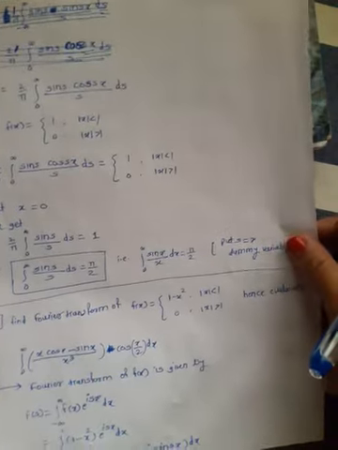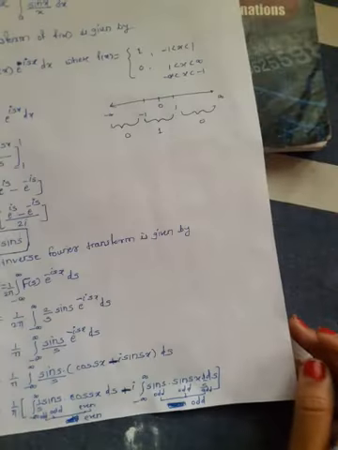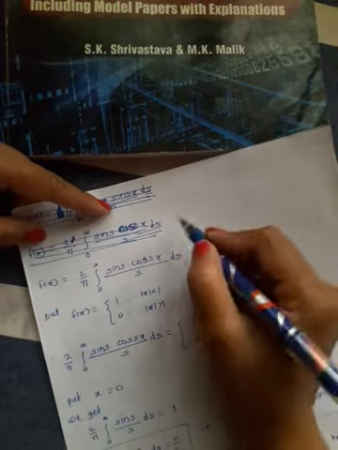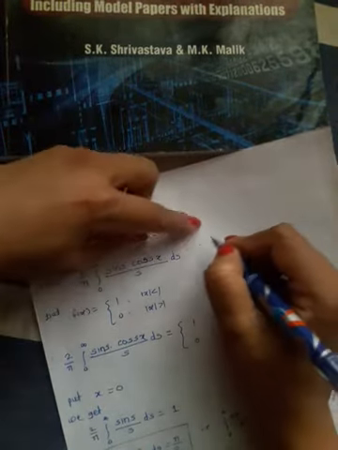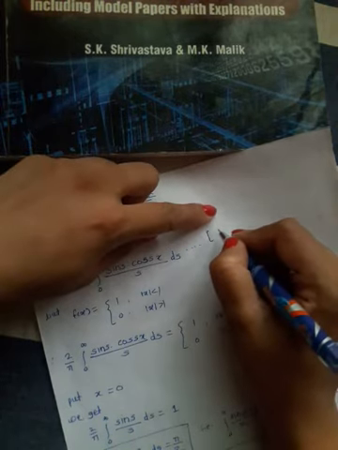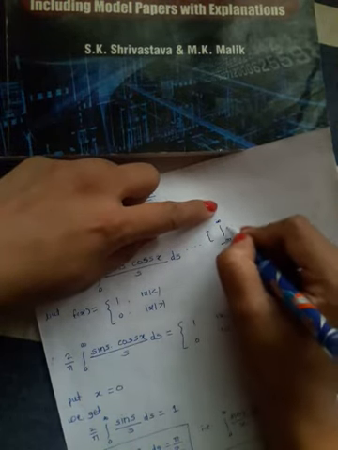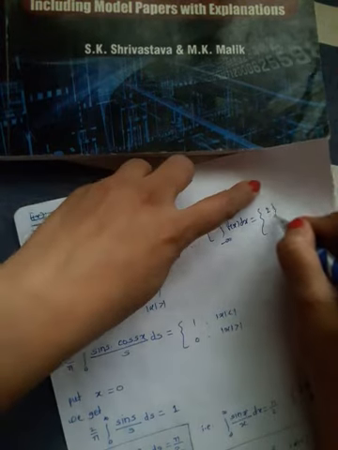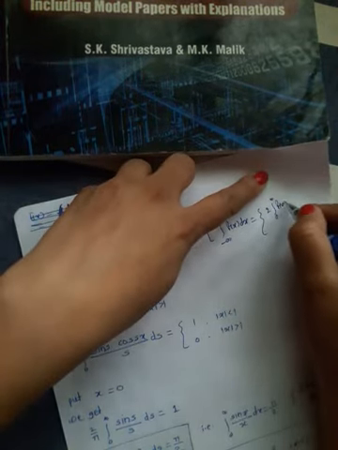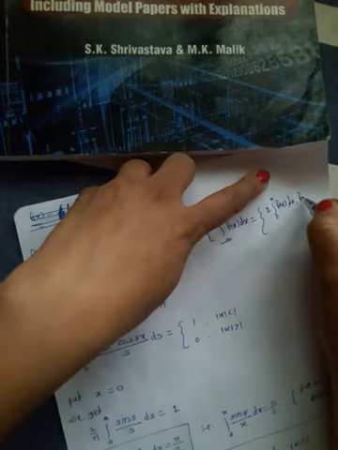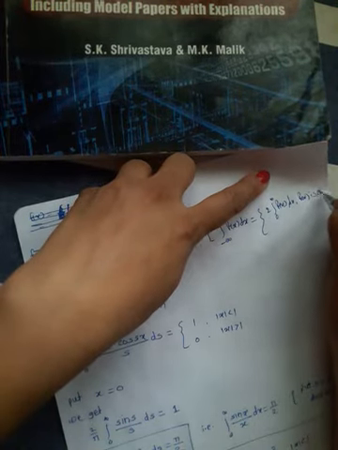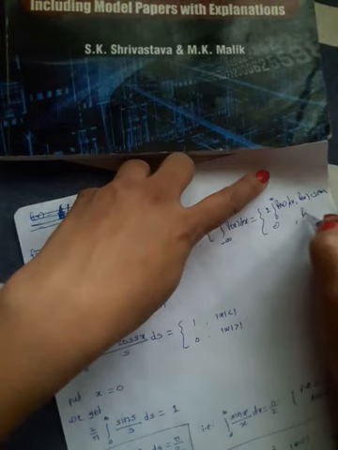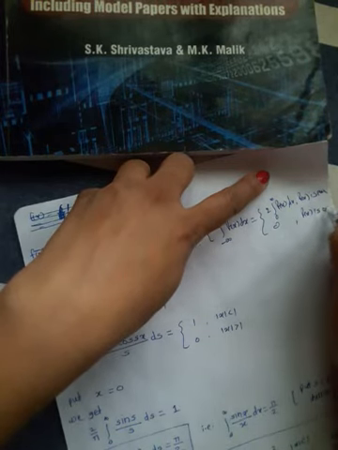You have to write every rule here, because the integral from minus infinity to infinity of f(x) dx is equal to 2 times the integral from 0 to infinity of f(x) dx if f(x) is even, and it is 0 if f(x) is odd.